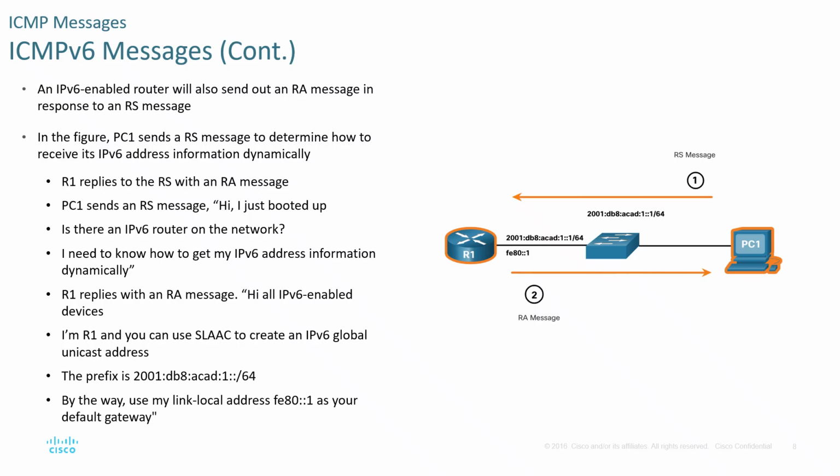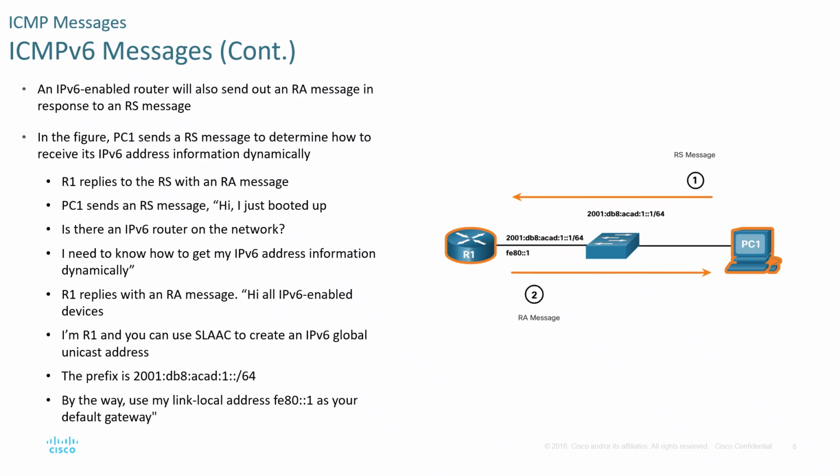So PC1 sends a message that relatively says, hey, I just booted up. Is there an IPv6 router on the network? I need to know how to get my IPv6 address information dynamically. If router 1 has been configured to act as an IPv6 enabled router, then it would answer with, hi, all IPv6 enabled devices, I'm router 1.